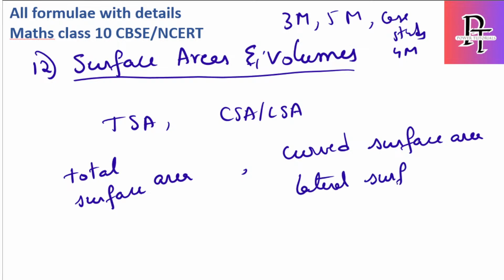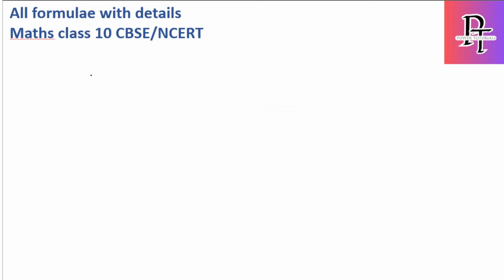Curved surface area is for conical type of surfaces, whereas LSA is for box kind of surfaces like cube or cuboid. Okay, so let's see all the formulas now, TSA, CSA and LSA, for all the 3D diagrams, 3D in the sense of 3-dimensional. Let's see sphere first.